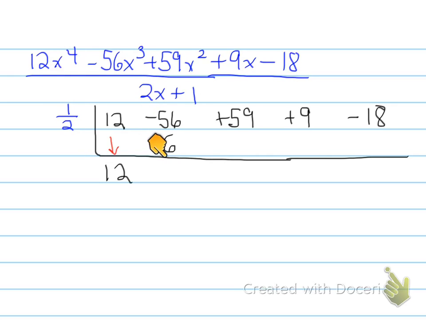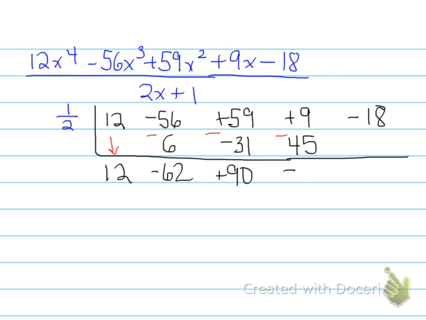Negative 56 minus 6 is negative 62. 1/2 times the negative 62 is negative 31. Subtract, and we end up with positive 90. Multiply, you end up with 45.